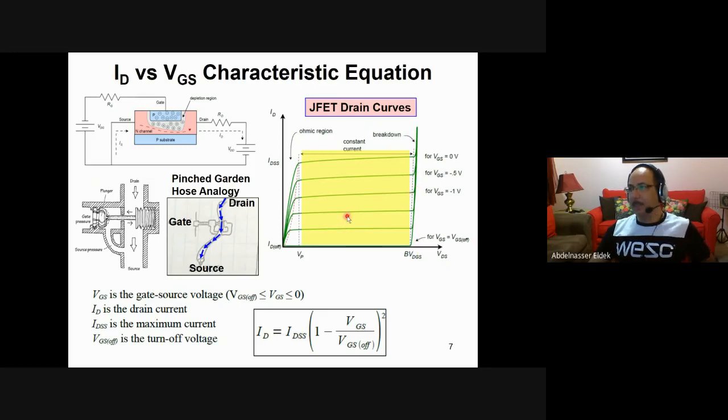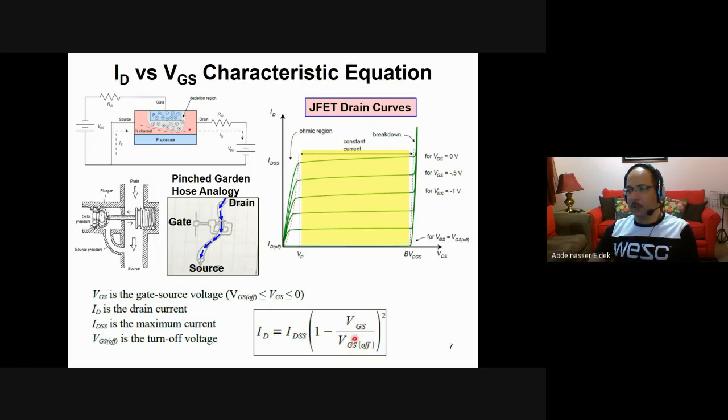Okay, the relation between the current and the voltage, ID and VGS, is shown here, where IDSS is the saturation current, this one here. This is times 1 minus VGS, which of course is variable, divided by VGS off.